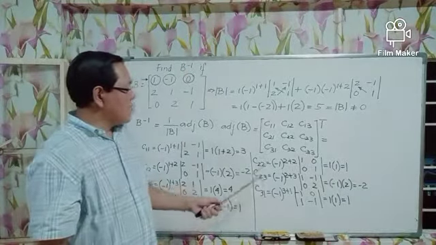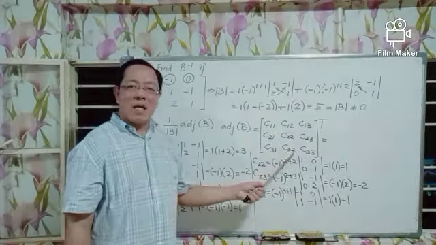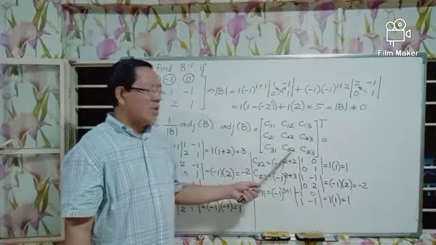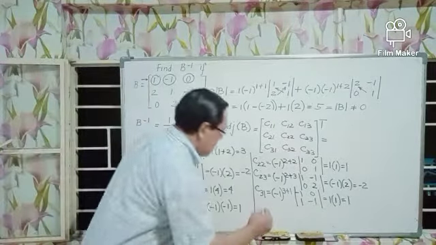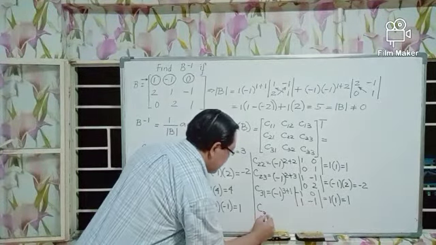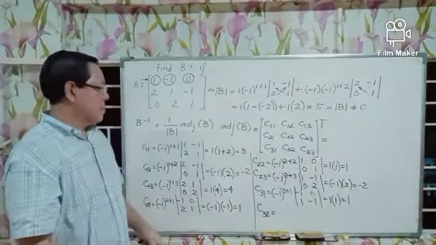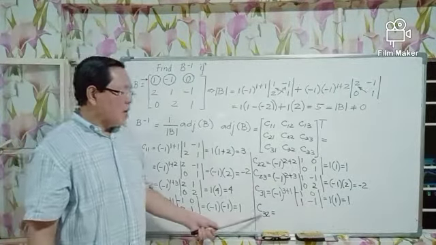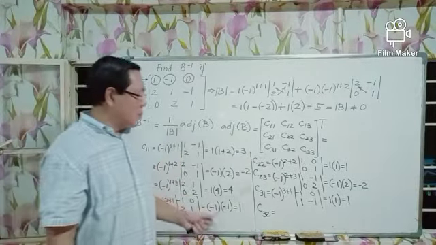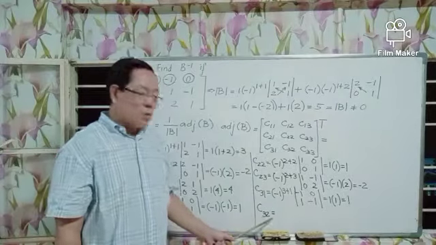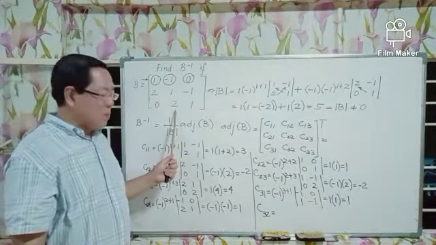Next, the cofactor of the element of matrix B in the third row and second column, denoted by C sub 3, 2, and that element is 2. The cofactor of 2 is given by negative 1 raised to 3 plus 2. The row number of 2 plus the column number of 2.